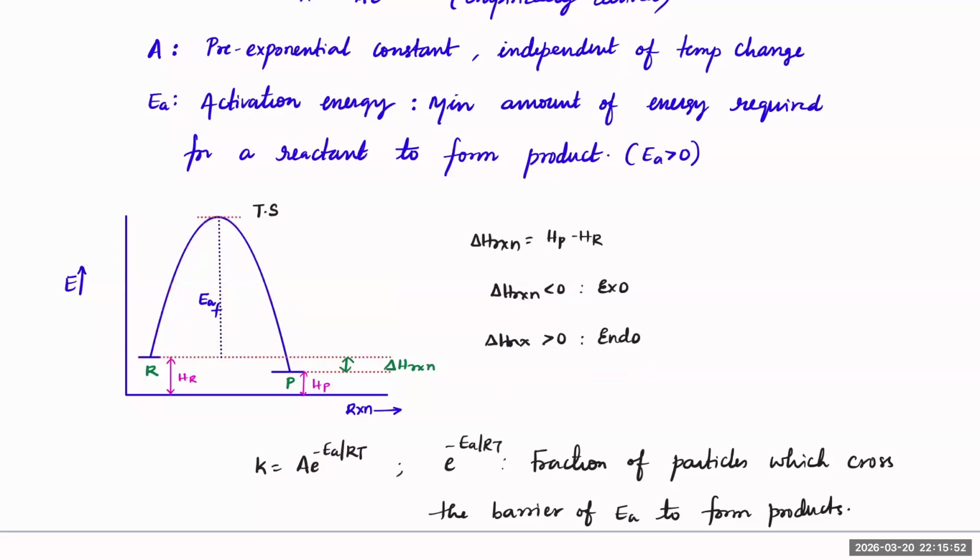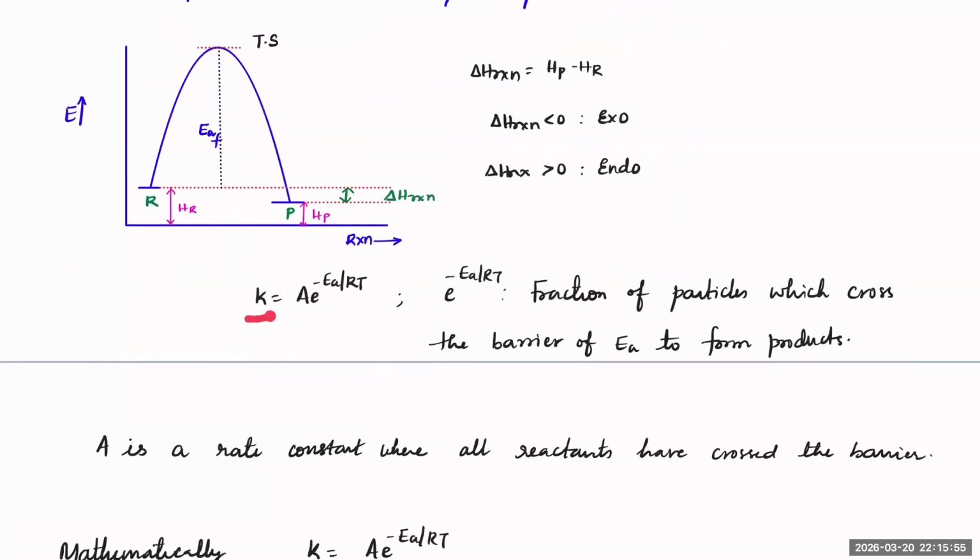So K is equal to A e raised to power of minus EA by RT is the equation, in which this entire term, e raised to power of minus EA by RT, is a numerical term that is basically the fraction of particles which got enough energy to cross the activation energy barrier and then form the products.